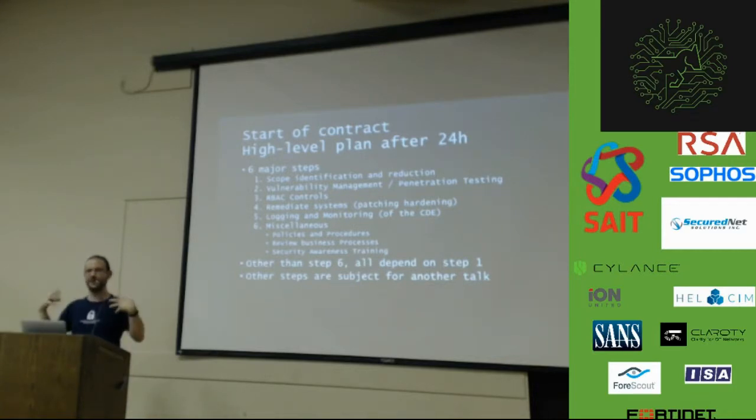And then set up logging and monitoring for those tools, because there's nothing there. And then a couple of miscellaneous tasks, policies, procedures, stuff that I didn't take care of, but that was less relevant. But if you look at steps 2 to 5, really these are dependent on what you identify as scope. So that made it all the more relevant.